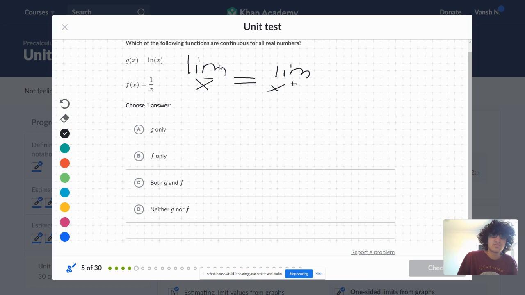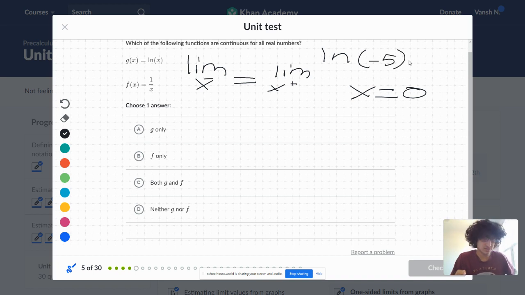I know 1 over x is not going to be continuous because we have a discontinuity at x equals 0. And for ln x, I think the same thing, you can't have negative numbers. So let's say we have ln of negative 5. I don't believe that's going to exist. Just to make sure, we can graph these functions and see. Yeah, I don't think either of them are going to be continuous.